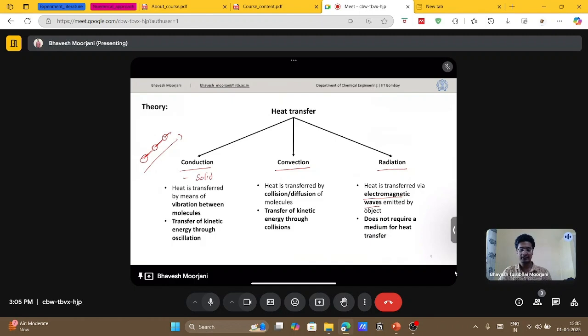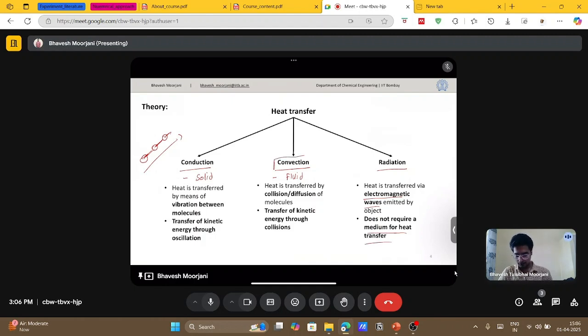So solids are the best example to show conductive heat transfer, while for convective heat transfer we can consider the example of fluids, be it air flow, fluid flow inside a pipeline, water flow in a cooling tower, or fluid flow over any surface, right? While for radiation, the best example is heat transfer from sun rays to the earth's surface, which occurs via electromagnetic waves through vacuum. So we don't need any medium for heat transfer.